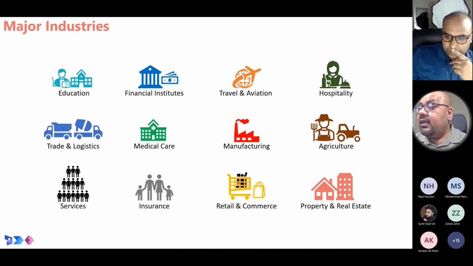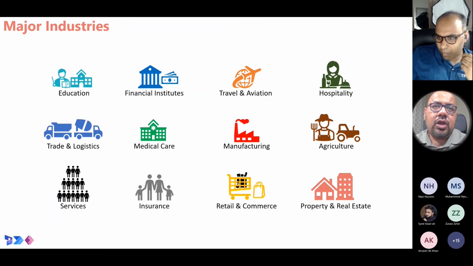Then property and real estate is also a big portion. Microsoft is offering a solution there that can work as a single solution, but there are some add-ons which would be required. But again, the add-ons normally work on top of Dynamics 365.